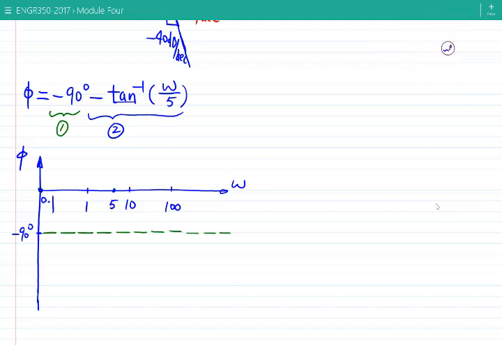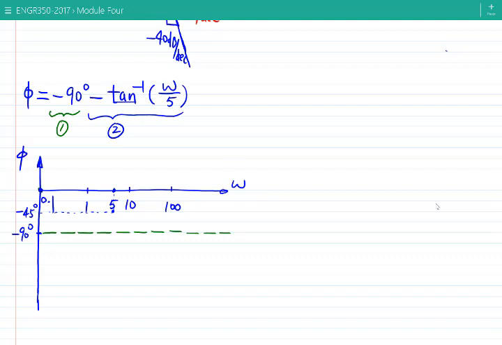When frequency omega is equal to 5, inverse tangent function of 5 over 5 is equal to 1. Inverse tangent function of 1 is 45 degrees, and we have a minus sign before it. So we have minus 45 degrees when omega is equal to 5.